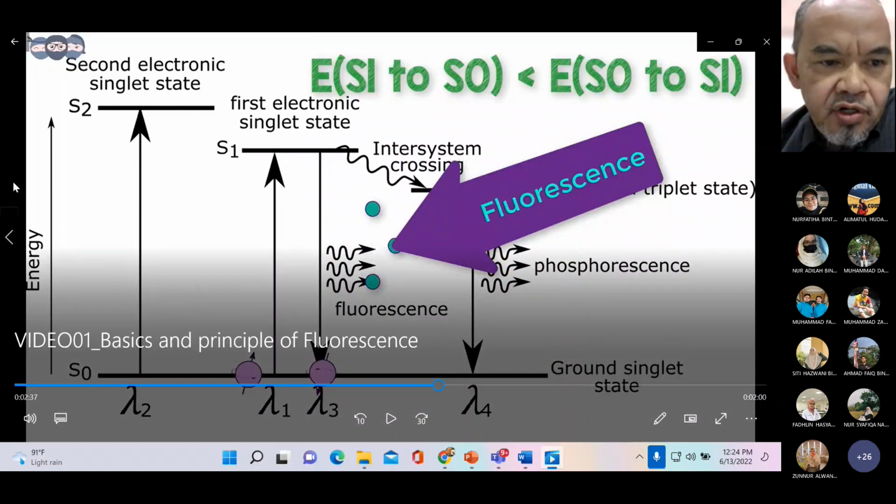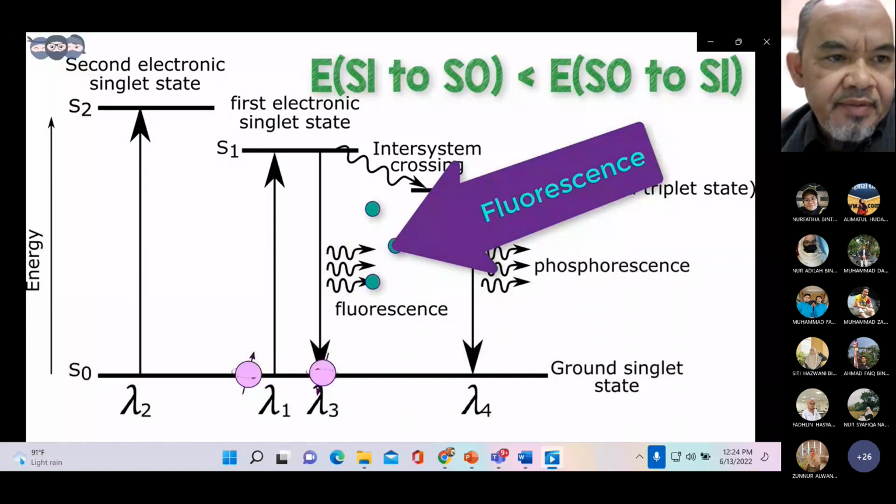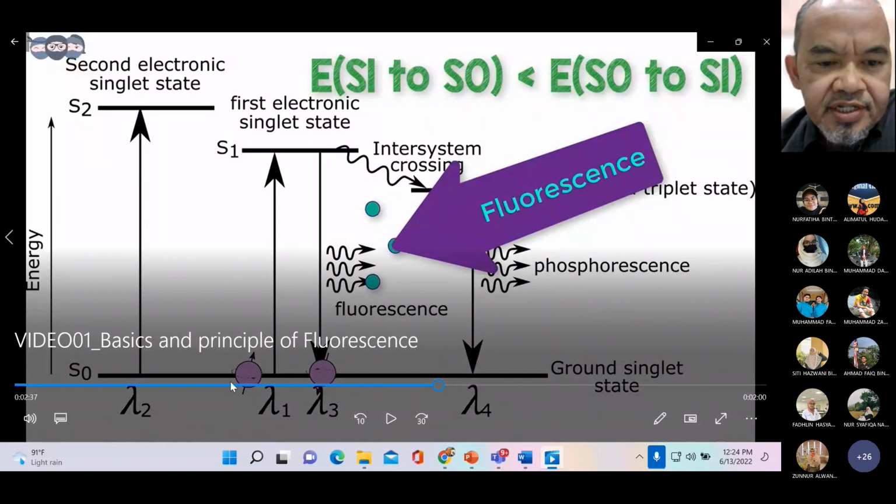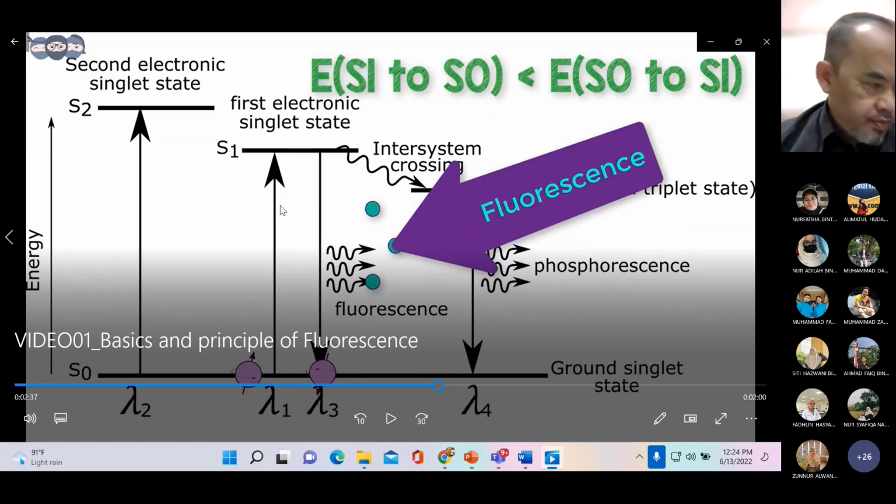If you look here, basically we have these two electrons in the beginning, and then once you give a photon, the electron is going to absorb the energy and it's going to excite.